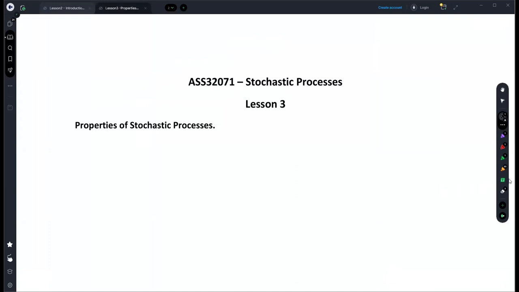Okay. So under properties of stochastic processes, we are going to look at what is an increment. How do we identify independent processes? What are the independent stochastic processes?